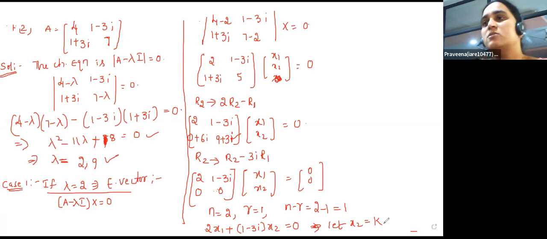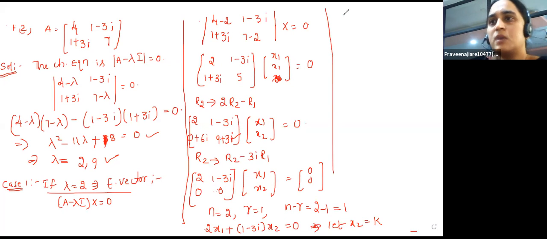Take x2 as k. Substitute in the above equation, that is 2x1 plus 1 minus 3i into k is equal to 0. For that, 2x1 is equal to minus of 1 minus 3i into k.